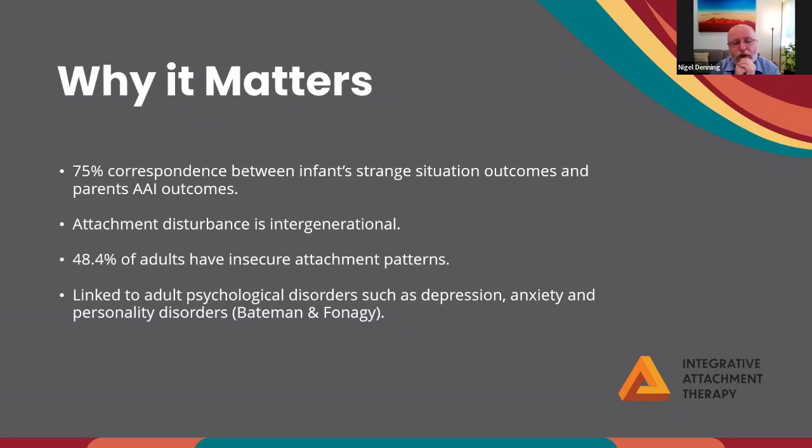And attachment disturbance is linked to adult psychological disorders such as depression, anxiety, and at the more extreme levels to personality disorders, because these babies are growing into children, into teenagers, into adults who are adapting to an absence of something in their developmental history.